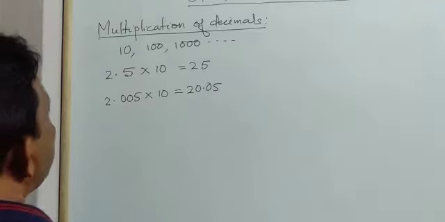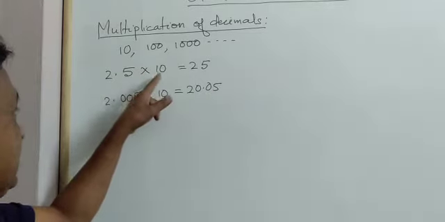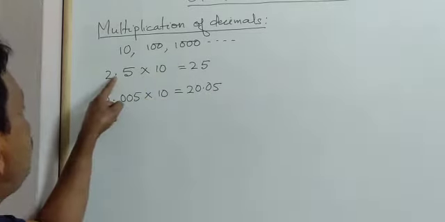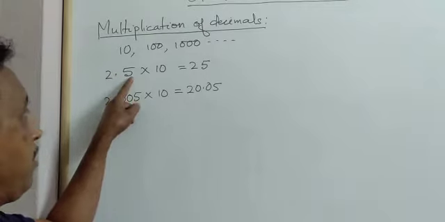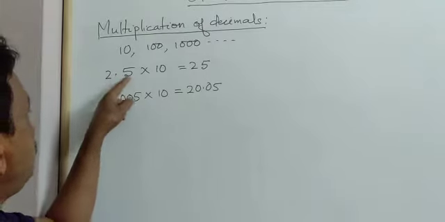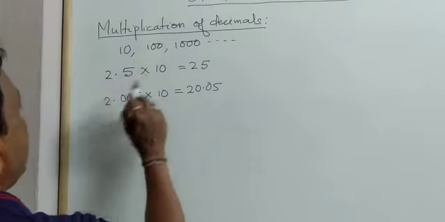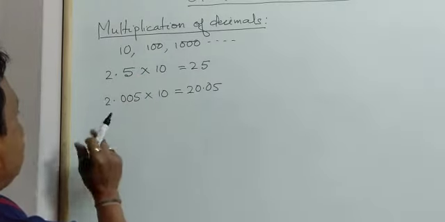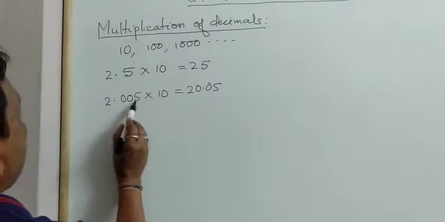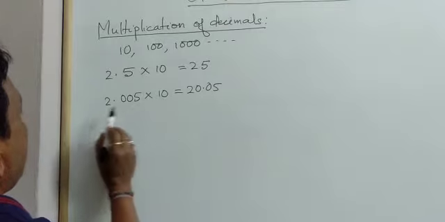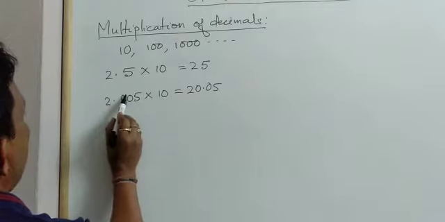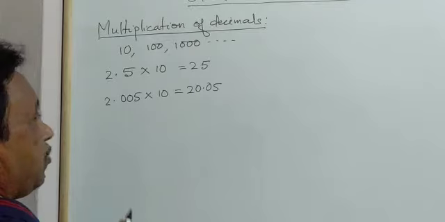Have you observed, when you are multiplying by 10, the decimal moves one step to the right? Here also the number is 2.005. I am multiplying it by 10. The decimal moves one step, so it becomes 20.05.